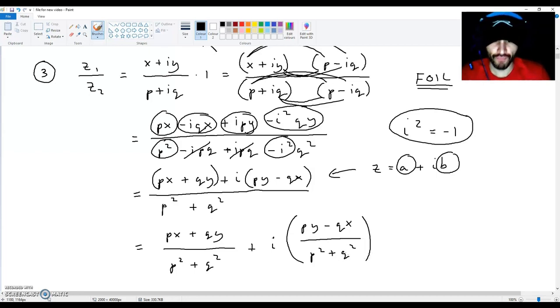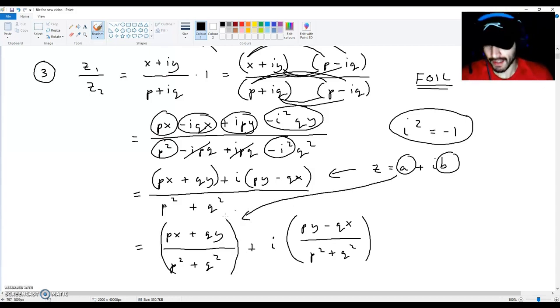I'm going to put brackets over here to demonstrate that this is like a in this complex equation, and this is like b. This is going to be very useful when creating our proof.